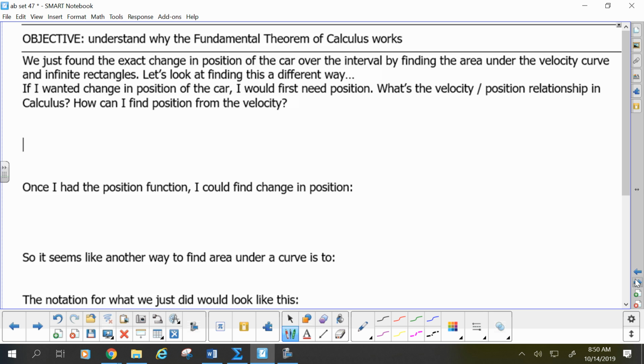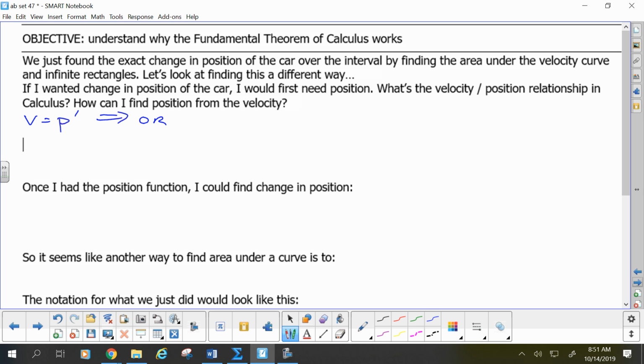Now let's look at this a little differently. I had velocity and I wanted to talk position. Well, what's the velocity-position relationship in calculus? Velocity is the derivative of position.